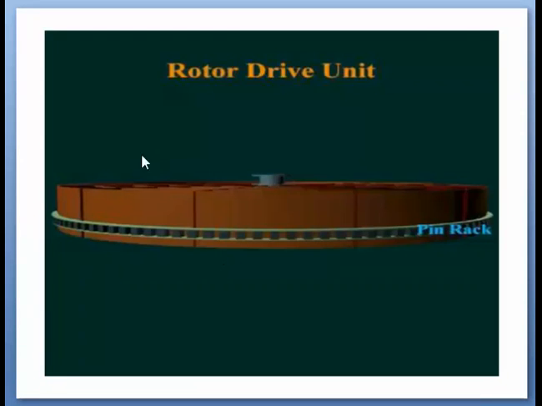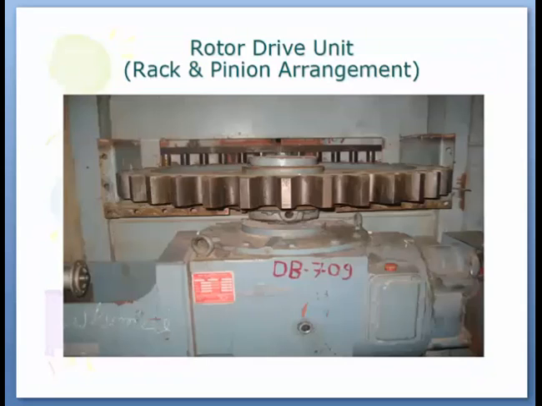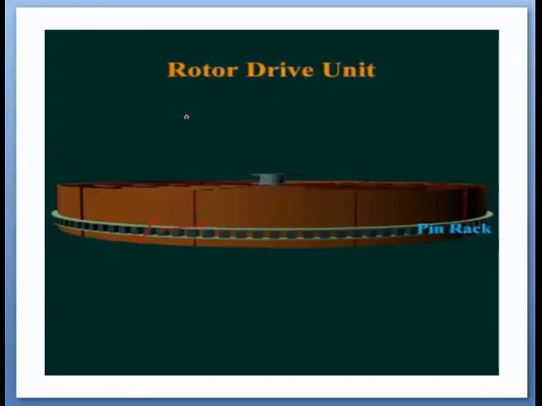So this is the pin rack that is on the rotor. This portion will get engaged with the rotor drive unit here, and once it rotates, it will also rotate the total rotor.